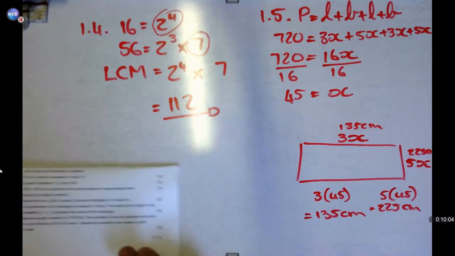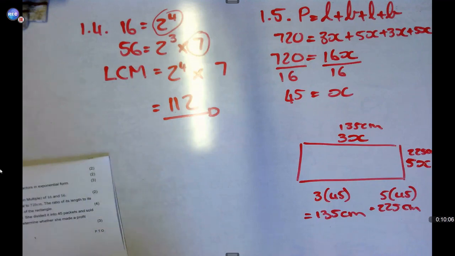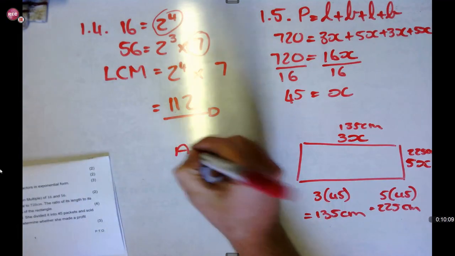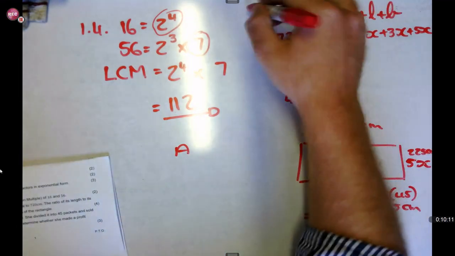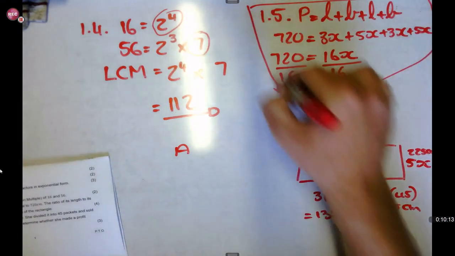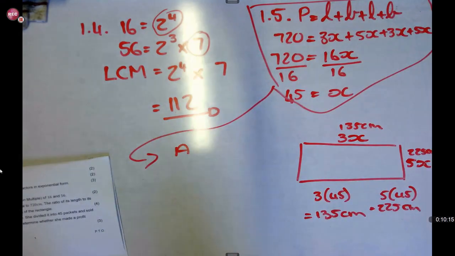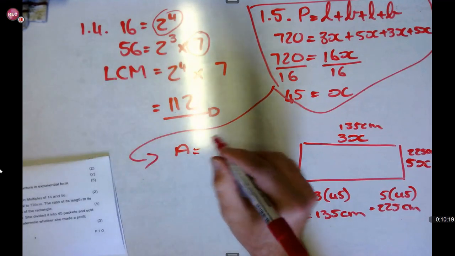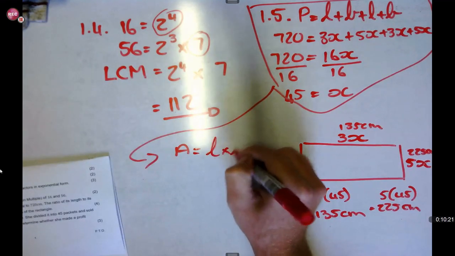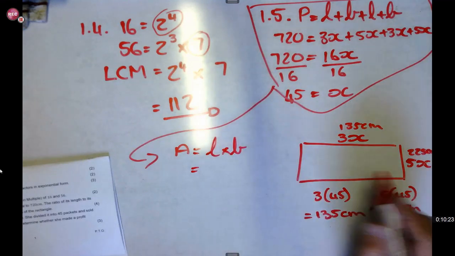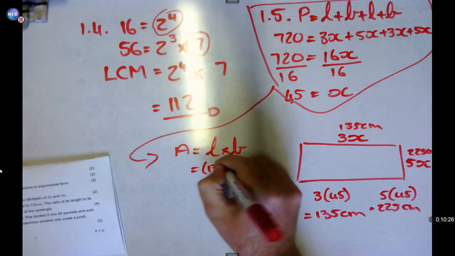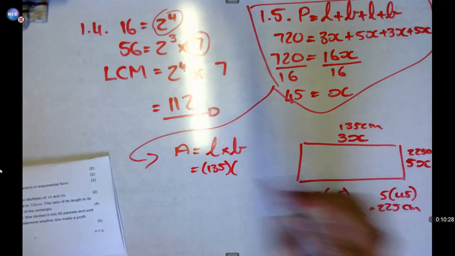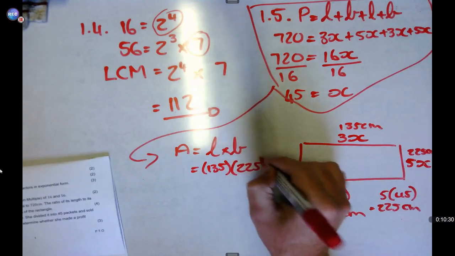Now if I go calculate the area of this rectangle, the area formula for this rectangle, remember this whole thing continues over here now. So the area of the rectangle will then be area equals length times breadth. So your length is 135 and your breadth is 225.